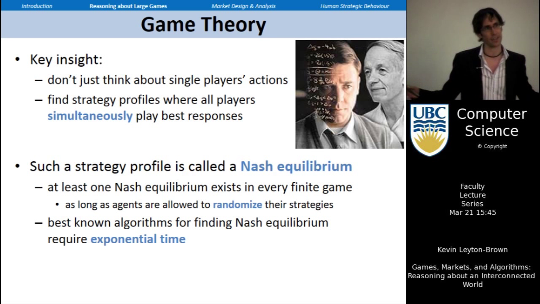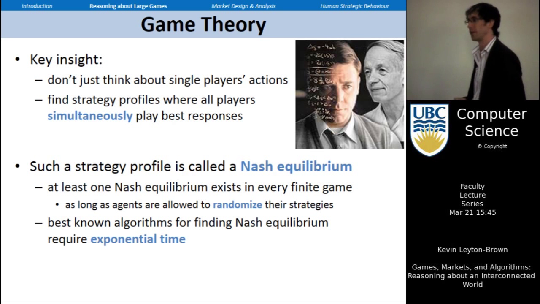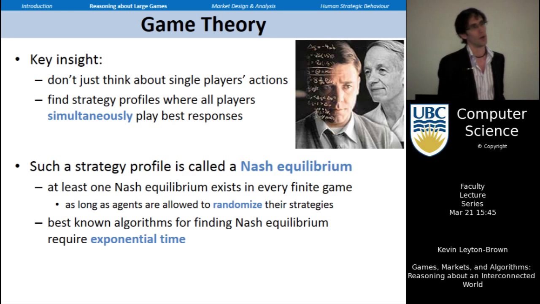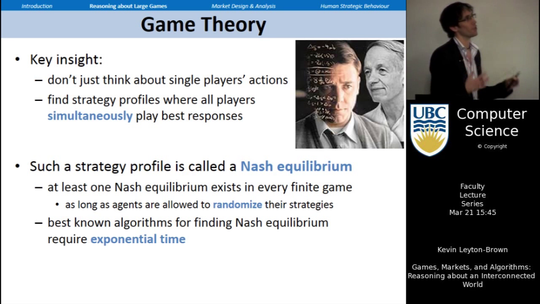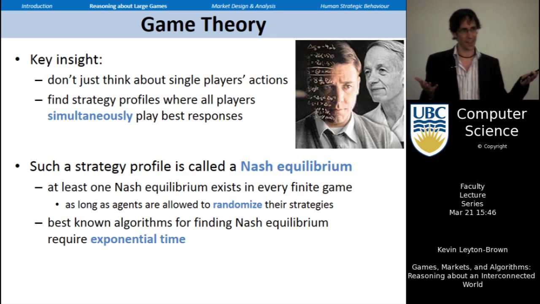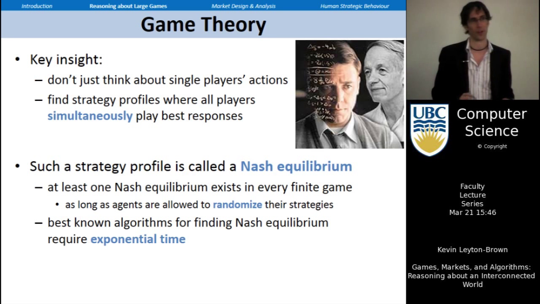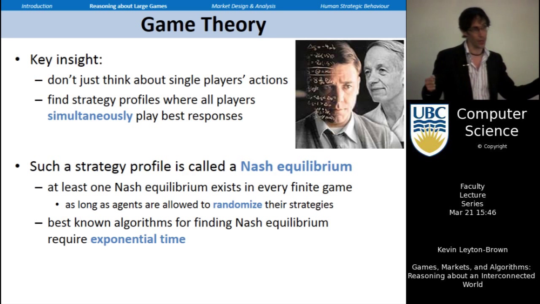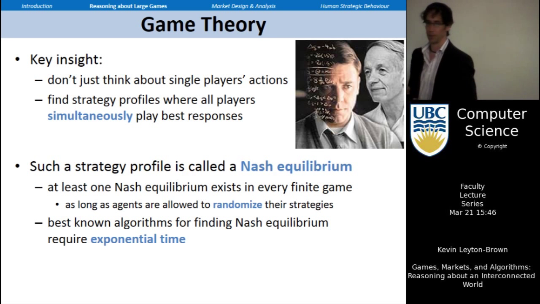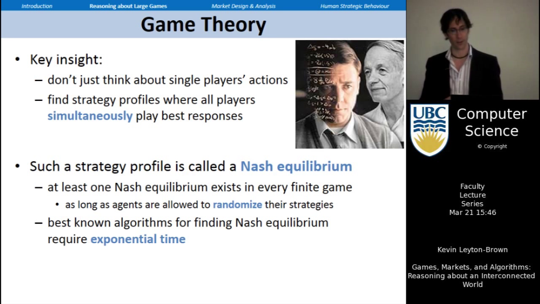Let's think collectively about what everybody does all at the same time. And let's try to find things that everybody could do where everybody is simultaneously best responding to each other. Everybody is kind of, in a sense, in balance or in equilibrium with each other, in the sense that if I knew what everyone else was doing, I would keep doing the thing that I'm doing. So such a strategy profile is called a Nash equilibrium.